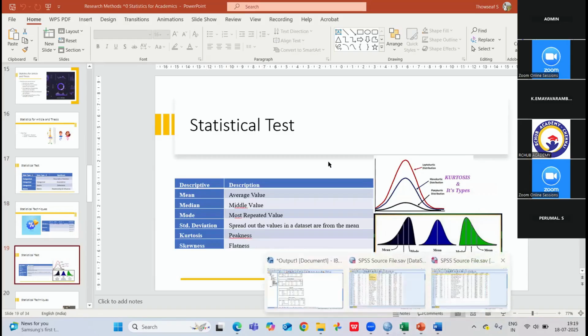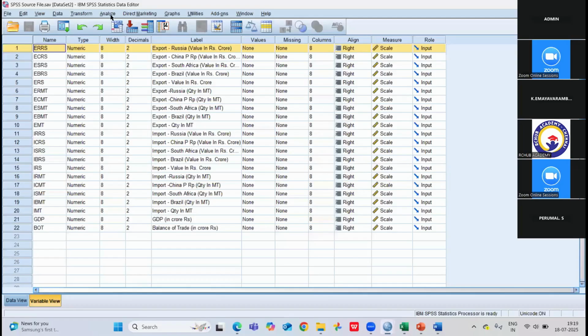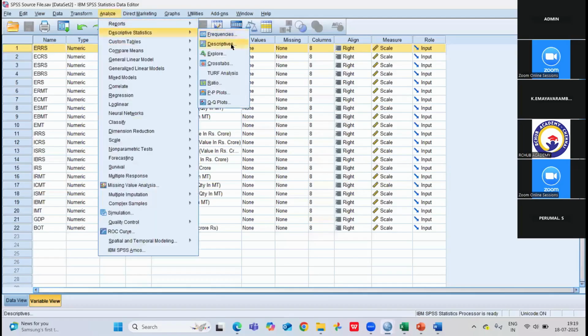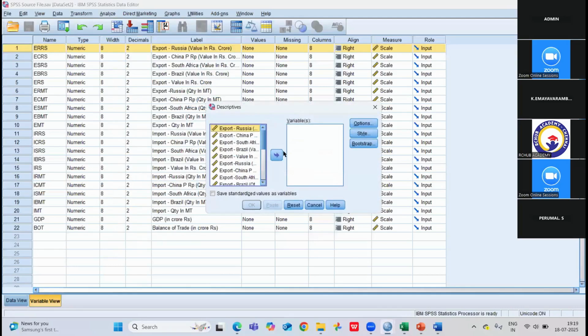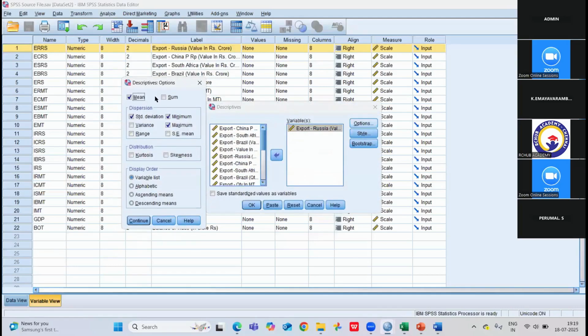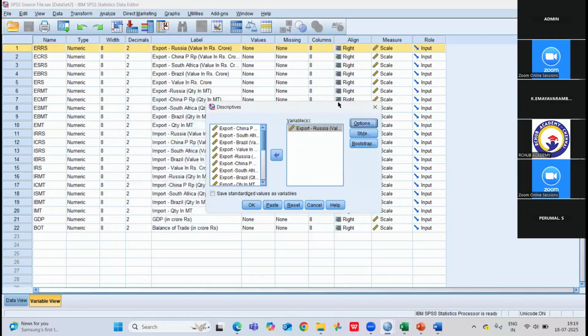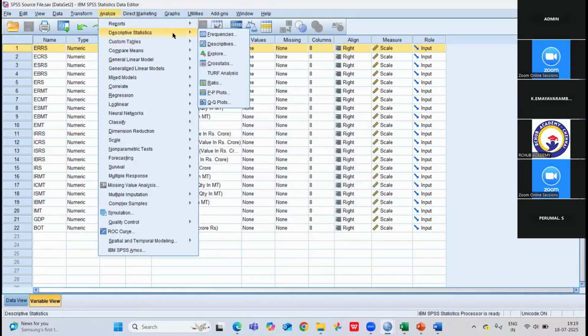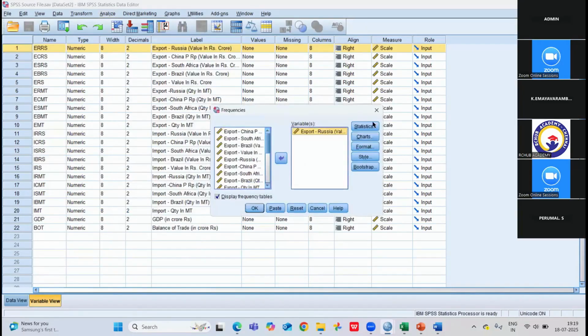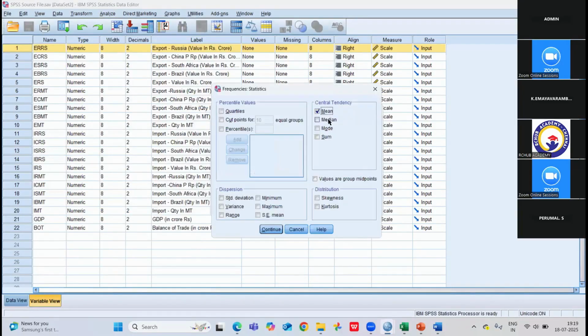This is the data. Let me perform descriptive statistics for export to Russia. I want the mean, median, mode, maximum value, minimum value, range, standard deviation, skewness, and kurtosis.